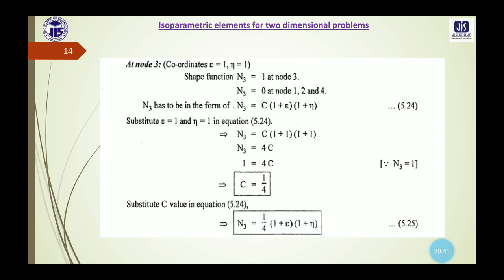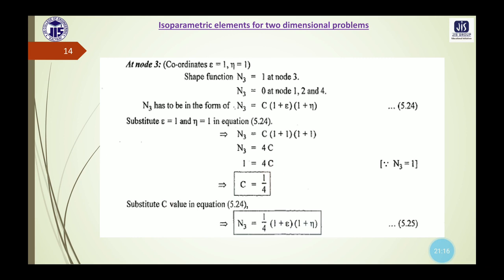Next, in a similar manner, we can calculate the value of the shape function at node 3. The coordinate for node 3 is 1, 1, so epsilon is 1 and eta is also 1. Again the shape function N3 at node 3 is 1, and the value of N3 is 0 at nodes 1, 2 and 4. Now N3's mathematical representation is C into (1 plus epsilon) into (1 plus eta).